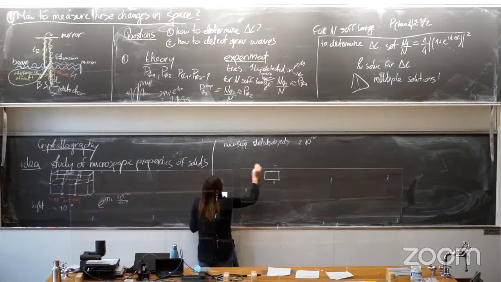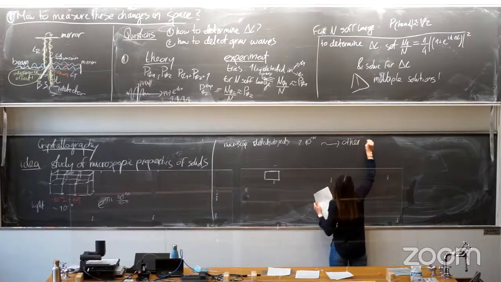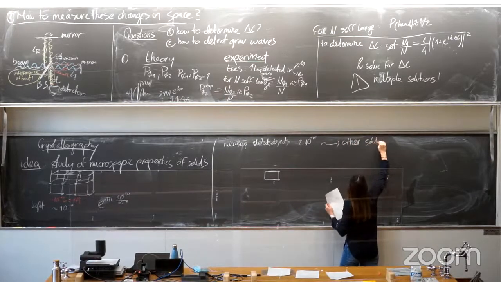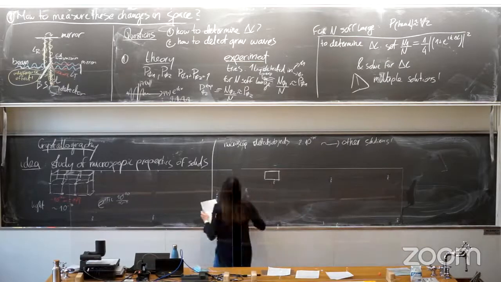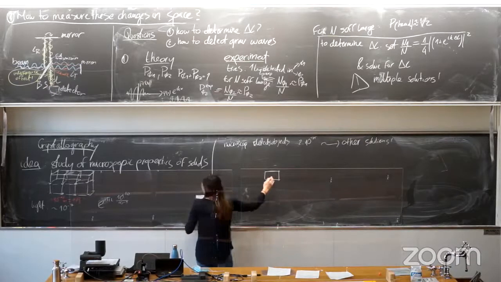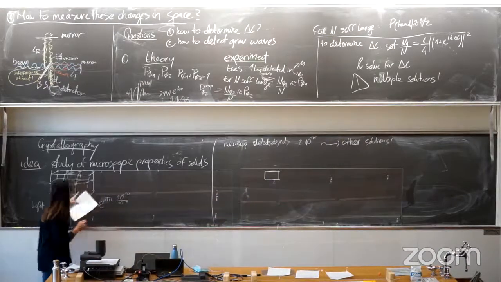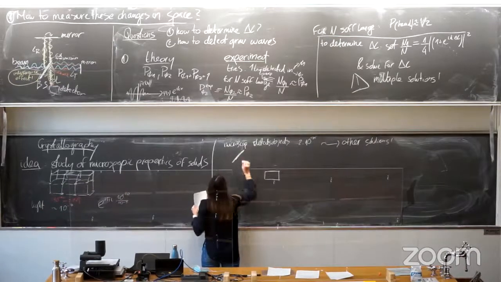So, order solutions. We have a crystal, and we know that a crystal is composed of similar structures. And we have a source, a beam, which goes to the crystal.